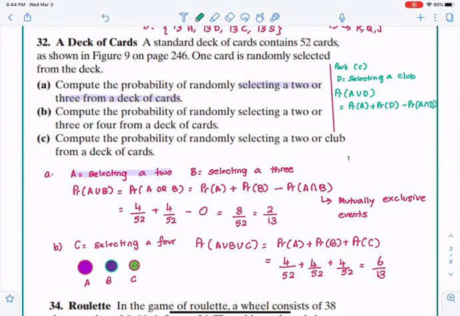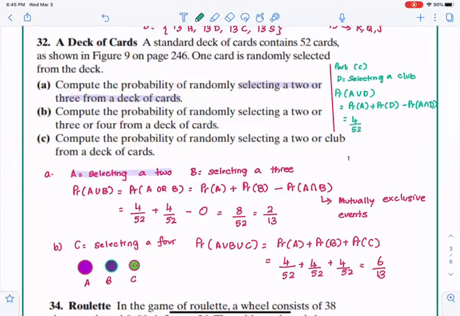So the probability of A, we already know, is 1 out of 13. So the probability of selecting a club, write it as 4 out of 52 for now.